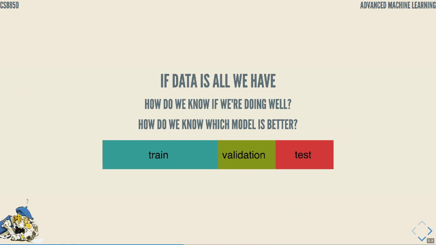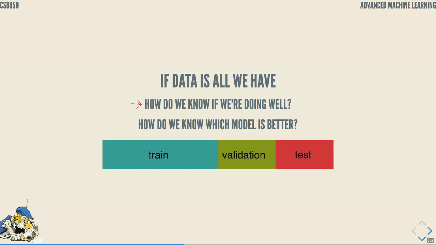We want to be able to deploy our medical scanning device, or we want to be able to put our loan credibility application such that new users, new people who come to the hospitals, new patients, are classified as correctly as our training data. But all we have is the data as we started. And how do we know that the classifier we're training is doing well?